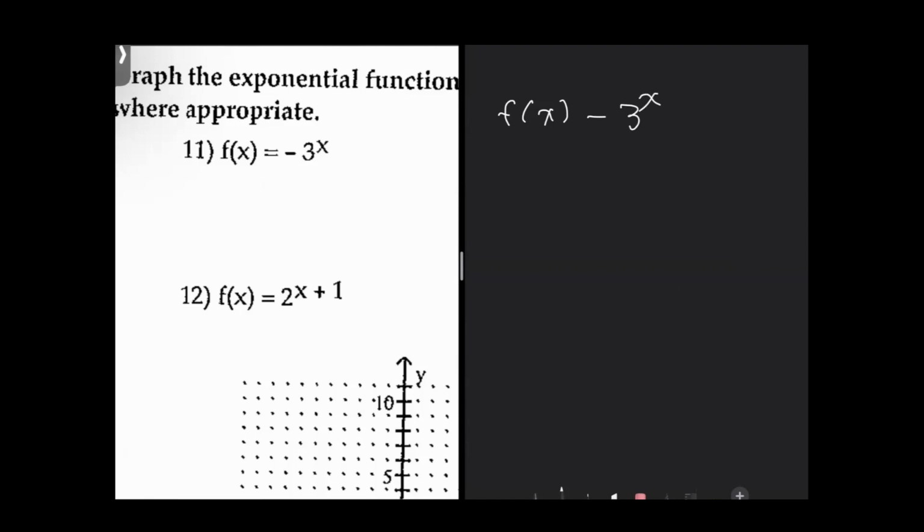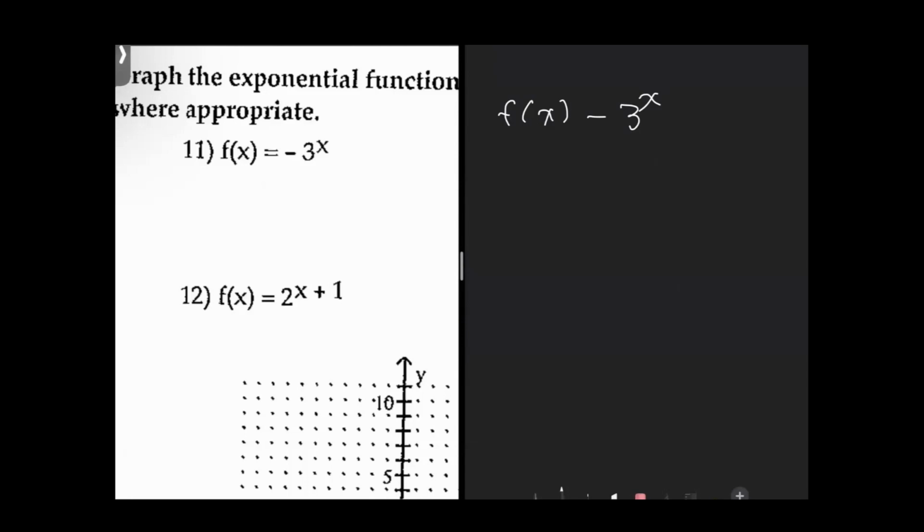Sometimes you may have a number with the x, which will be a horizontal shift. Transformations may be reviewed from prior videos, but if it's a number with the x, plus or minus with the x, it'll be a horizontal transformation, left or right. Negative number, they're shifting to the right. Positive number is shifting to the left. If there's a number outside of 3 raised to the x, then there's a vertical shift up and down, positive up, negative down.